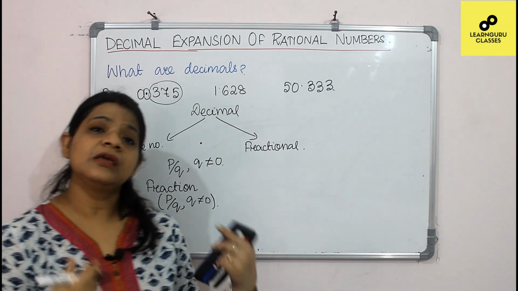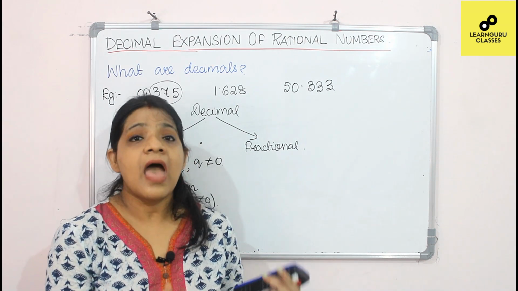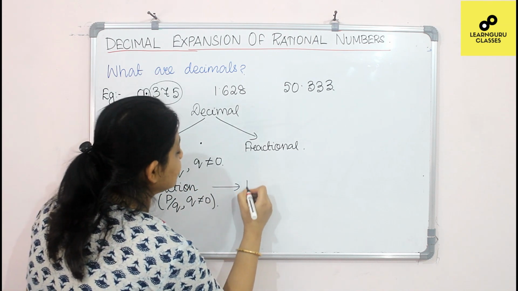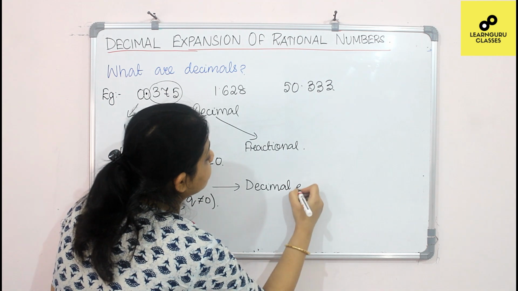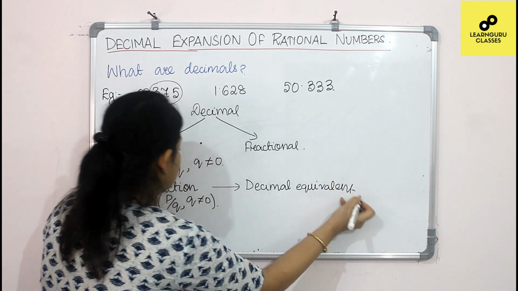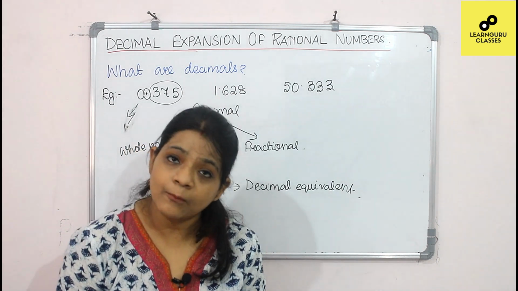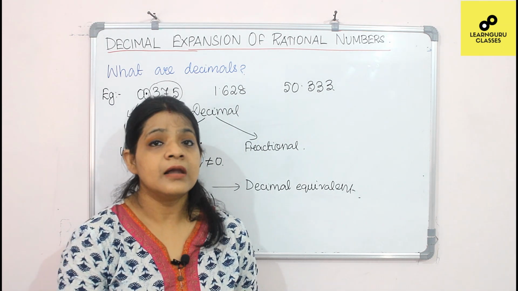And this fraction can be converted into its decimal equivalent. We can convert any fraction to its decimal equivalent. So yes, a decimal is also a rational number.